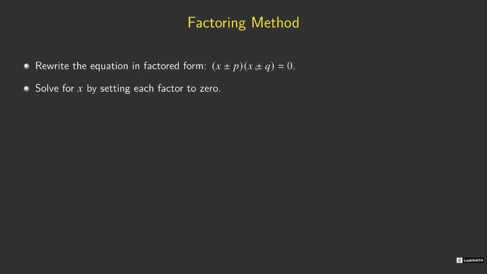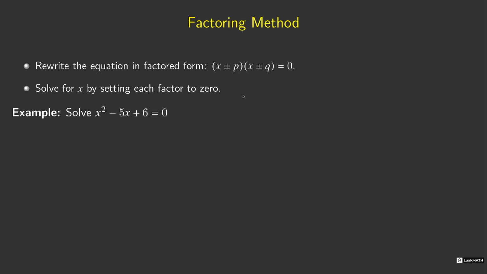And that's true because when you are multiplying two numbers like this, if they give you 0, it means that either this term is 0, or this term is 0, or both of them are zeros. Okay, so that's where the logic is coming from. By setting each factor equal to 0 and then solving for x will give you the solution.